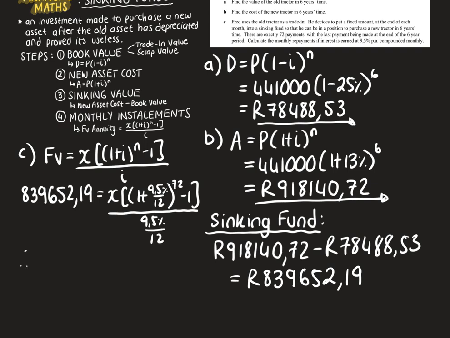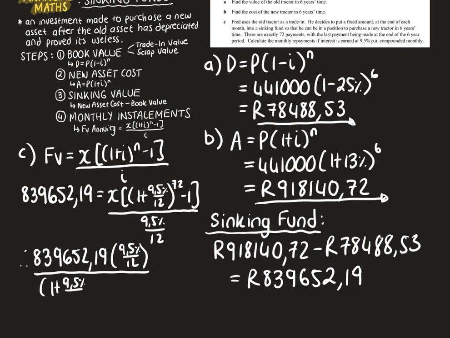Okay, and a little bit of algebra here to make X the subject of the formula. 839,652.19 is going to be times by 9.5% over 12, all over (1 plus 9.5% over 12) to the power of 72 minus 1, equals X.